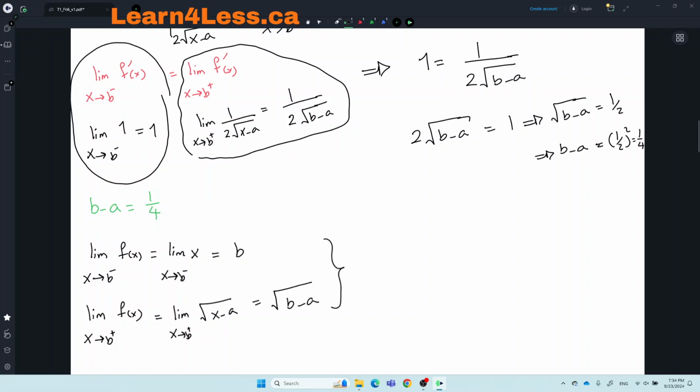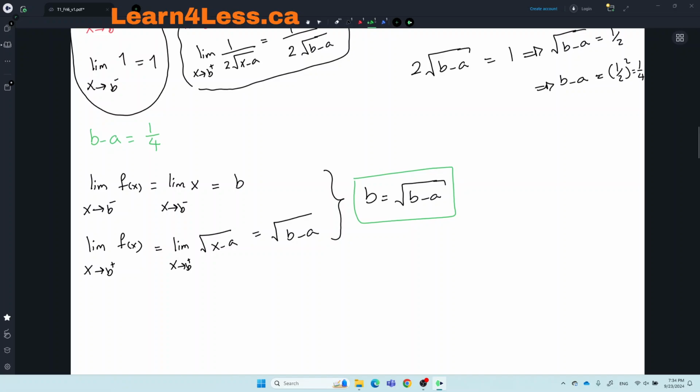Again, we want to make sure that the function f is continuous, so we need to make sure that b is equal to the square root of b minus a. Okay, so this is the second equation that we have, and the first equation. We need to find a and b so both of these equations are satisfied.